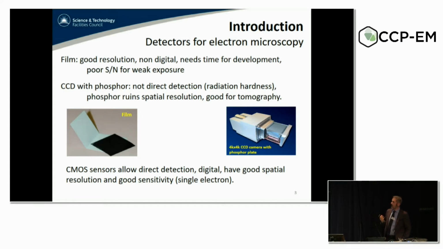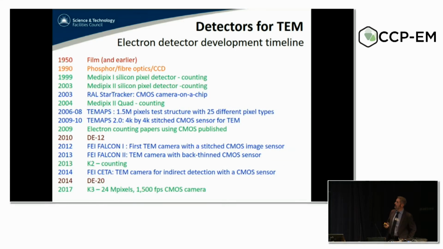CMOS sensors allow us to have the best of both worlds, effectively. So it's digital, it's direct detection, with a good spatial resolution, and it's also resistant to the radiation, so that it doesn't get damaged like a CCD camera would.